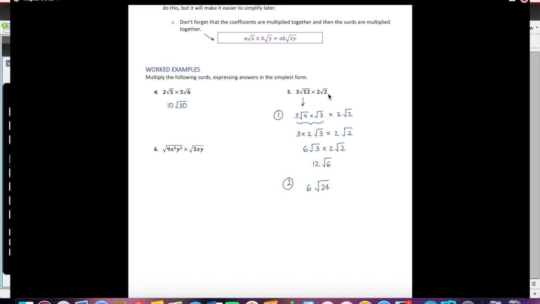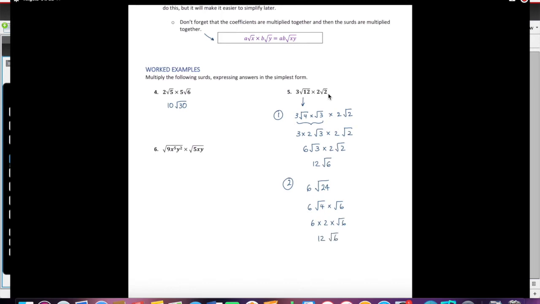So we know here we can simplify this further. Again, identifying 2 factors where one is a perfect square, I'm going to write 6 root 4 times root 6. And then if I simplify that further as well, so 6 times 2 times root 6, that's going to give me an answer of 12 root 6.